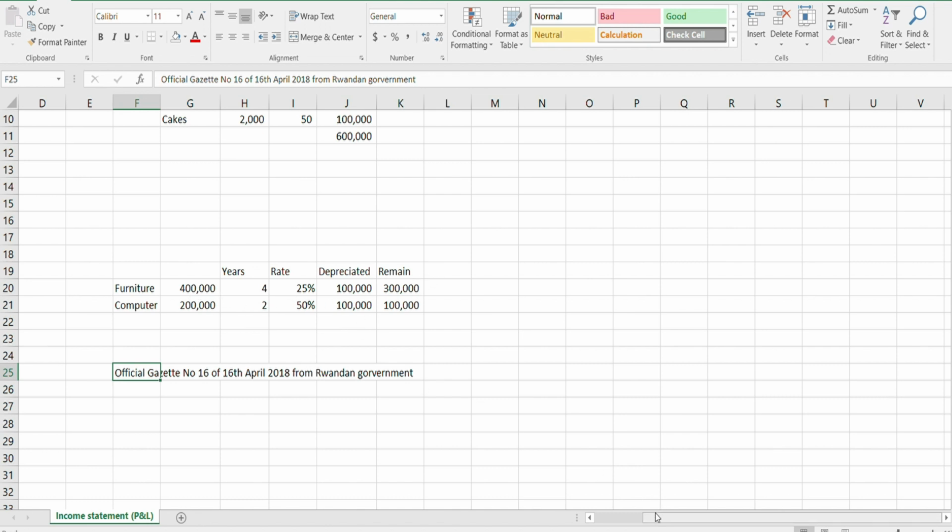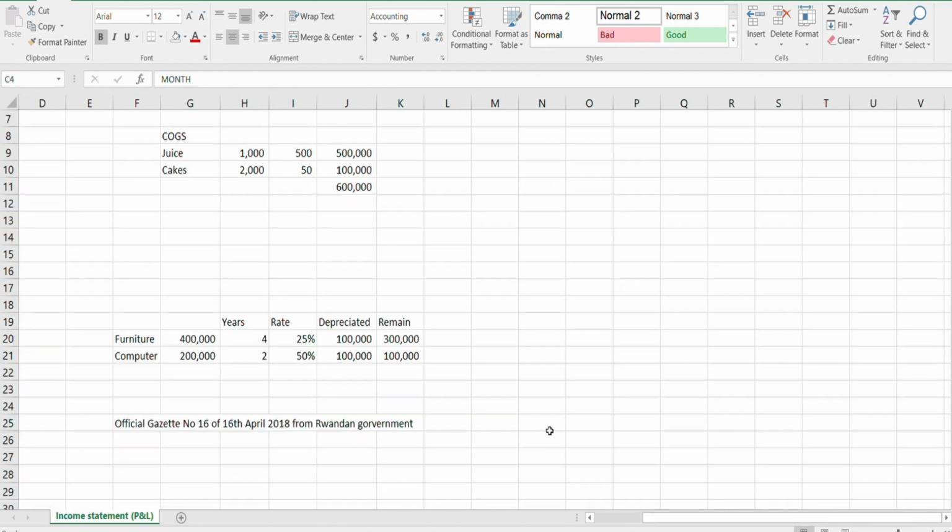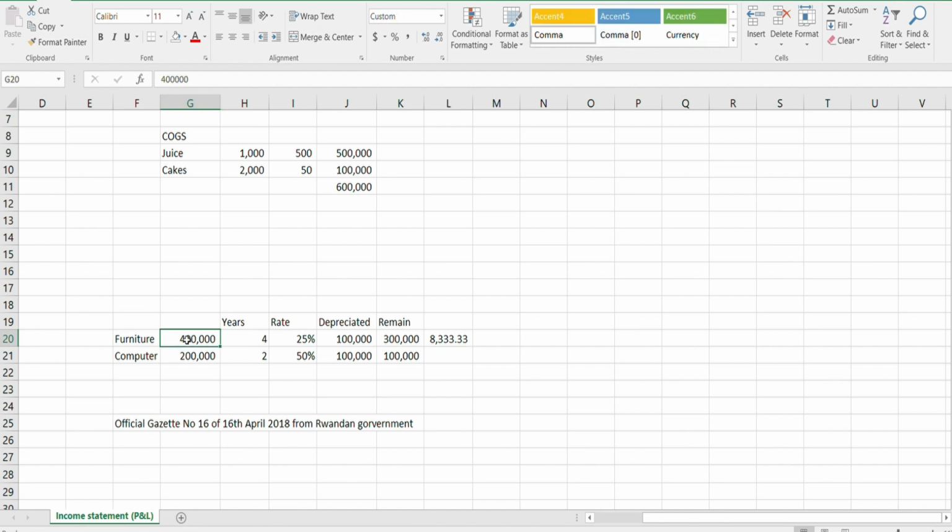So we are now making an income statement of a month, which means that the expenses of a month for furniture will be, if the expense of a year is 100,000, 8,300 for 1 month. You take this original amount, divide by the number of years of its duration, and you get the figure considered as the expense of a given year.